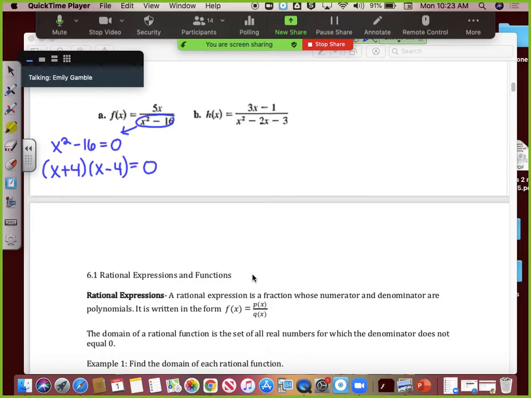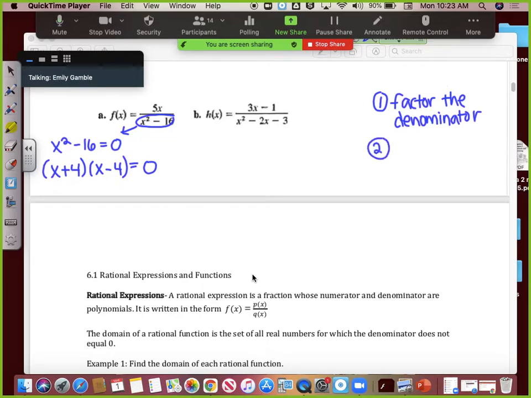So when you have something that is factorable, you have to factor first. So in these examples, the first thing we have to do is factor the denominators. After you factor the denominator, then you can figure out for each part when it is going to be equal to 0, which will make it not work.